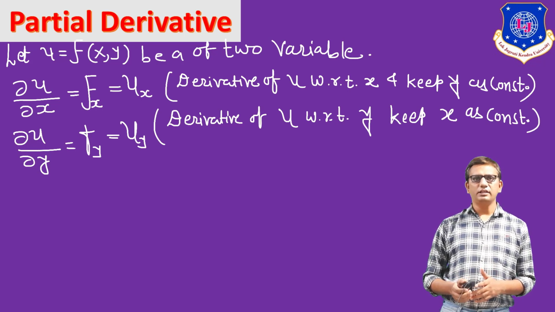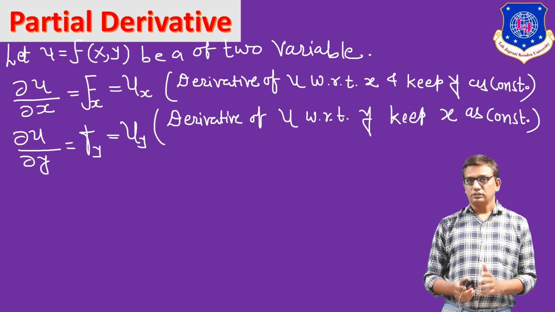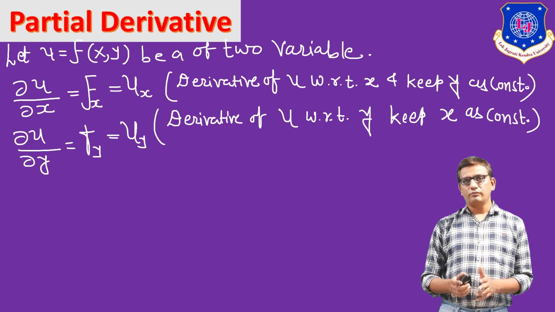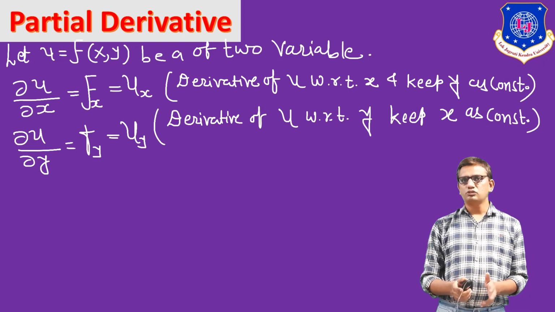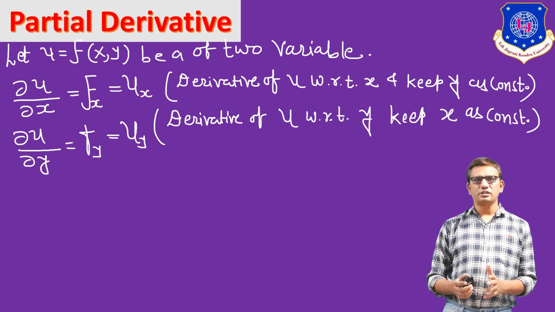Similarly, if we change y, the change of u with respect to y is called the partial derivative of u with respect to y. It is denoted as del u by del y, also denoted as f suffix y or u suffix y. So remember these notations for further derivatives.